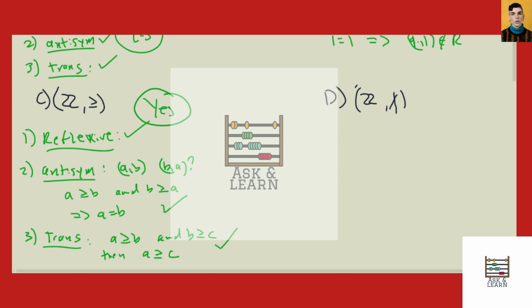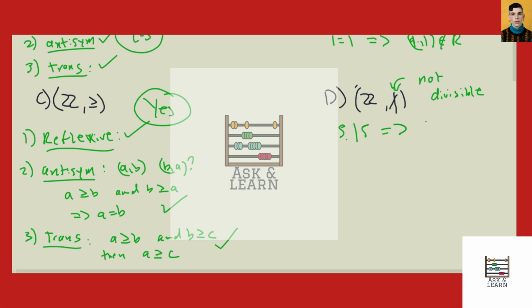All right, now what about over here? So remember, this symbol here means not divisible. So this is going to fail with the reflexive since A can divide A. So if you just have like 5, 5 can definitely divide 5.